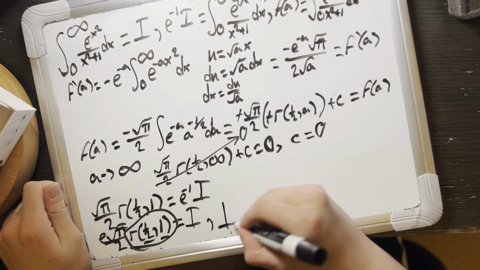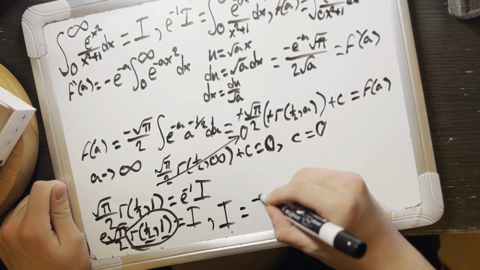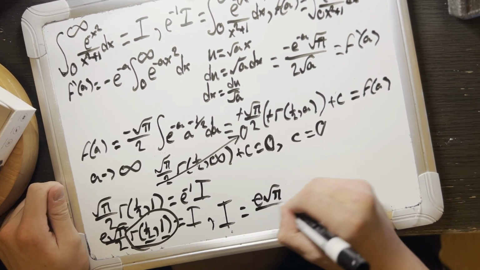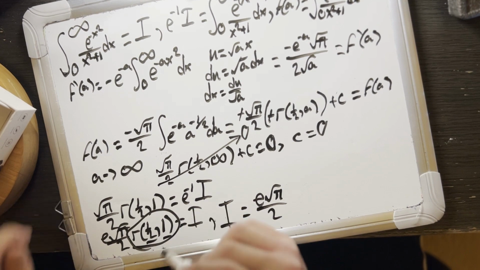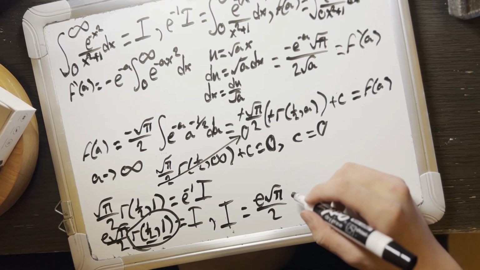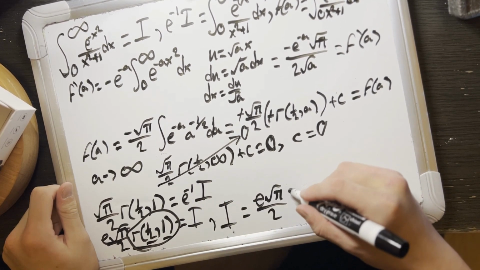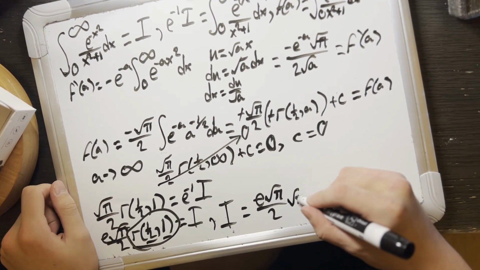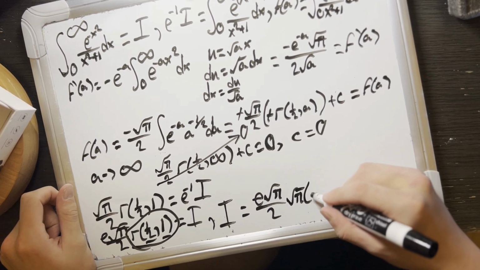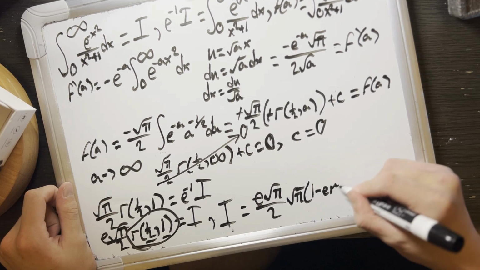Now, I equals e times the square root of pi over 2 times, okay, if you type this into Wolfram Alpha, you'll find that gamma of 1/2 and 1 actually equals square root of pi times 1 minus erf of 1.